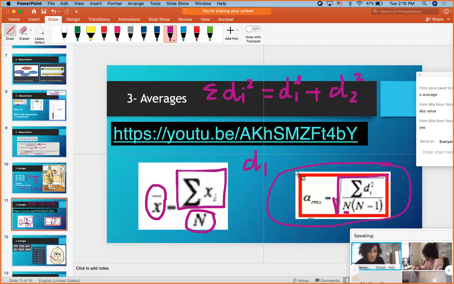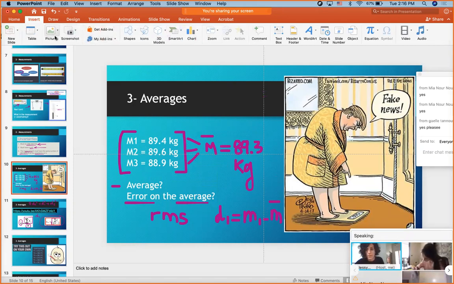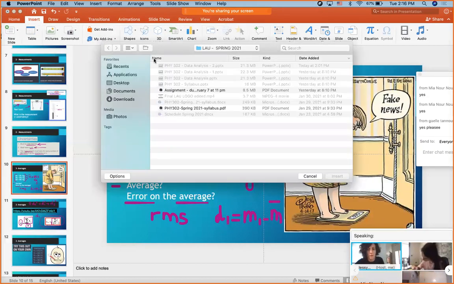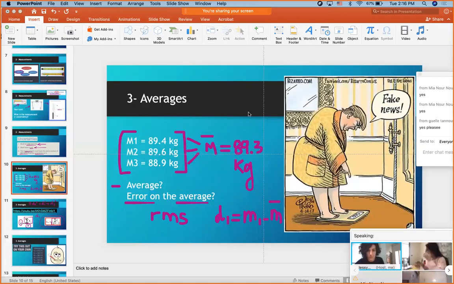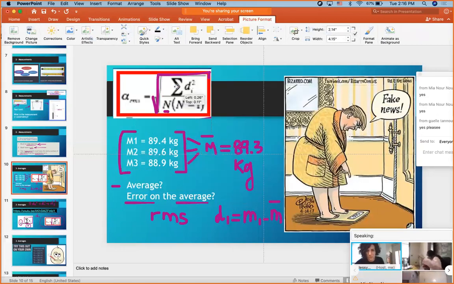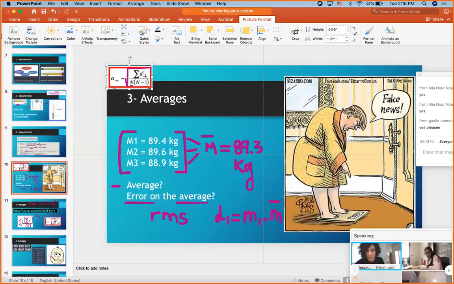Let me take a screenshot of this one and put it on this slide. So what I need you to do is try to find the RMS value, okay? And this is the RMS for us. You can keep it in front of you. I'm going to be quiet for a minute.